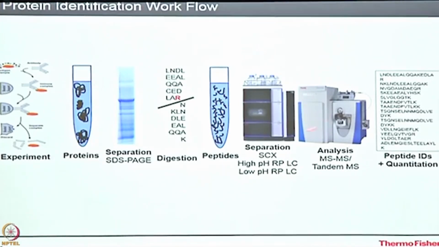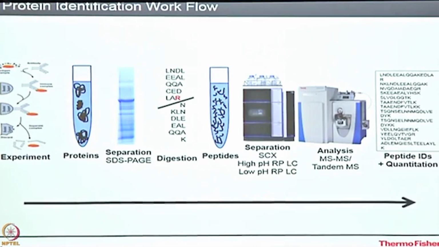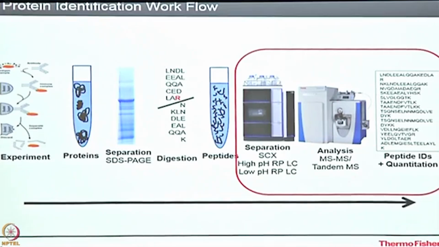Those peptide mixtures are fractionated through LC and introduced to the mass spectrometer, where you get the masses of those peptides. Now you search against some database using some search tools, and you identify those peptides. So today we'll discuss mostly the mass spectrometry part: how you can introduce the peptides into the mass spectrometer, and how you can analyze the data.